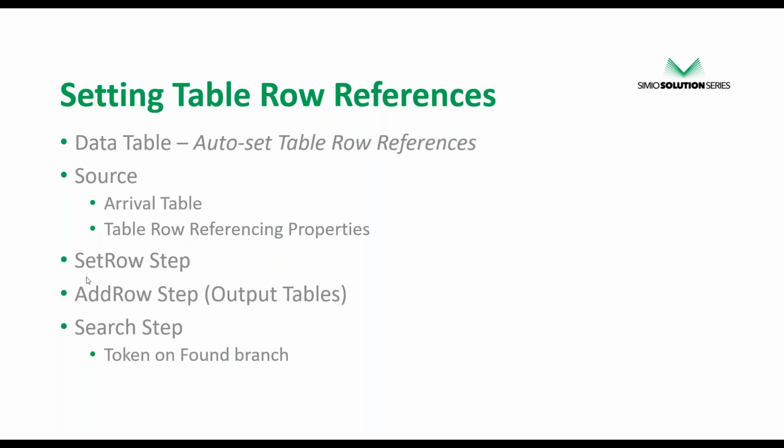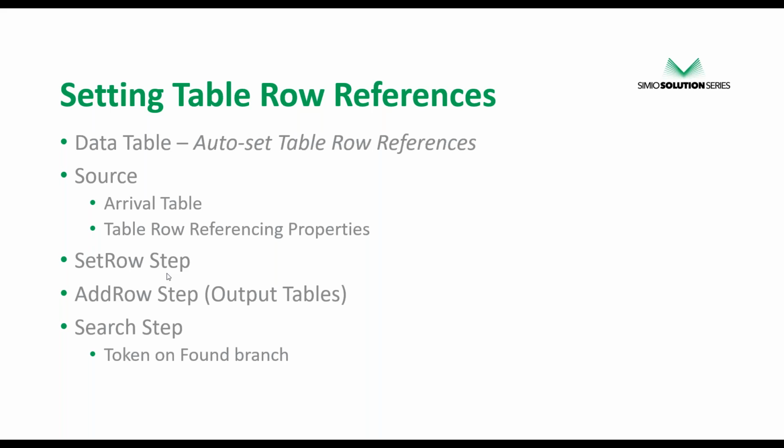For process logic, you could use the set row step, which is one of the main ways you would assign a row reference. You could also use an add row step, and that's specifically for output tables. So as you're adding rows to output tables, as you add a row, you will remember that row and that part in the process logic, so you can continue on and make assignments to that row.